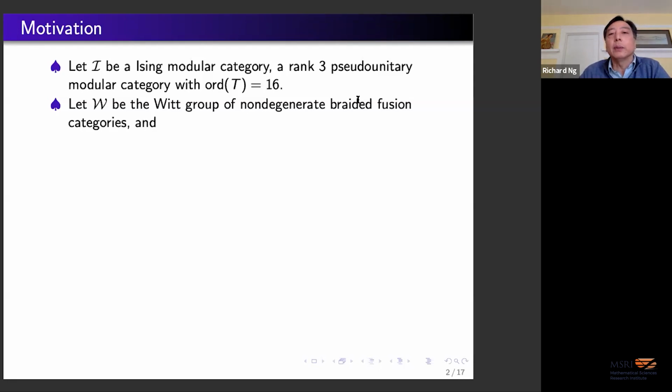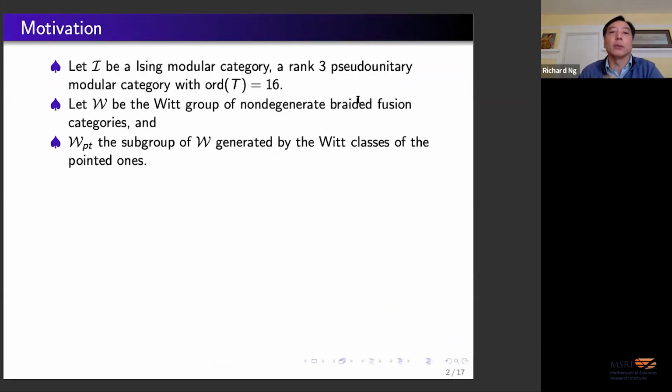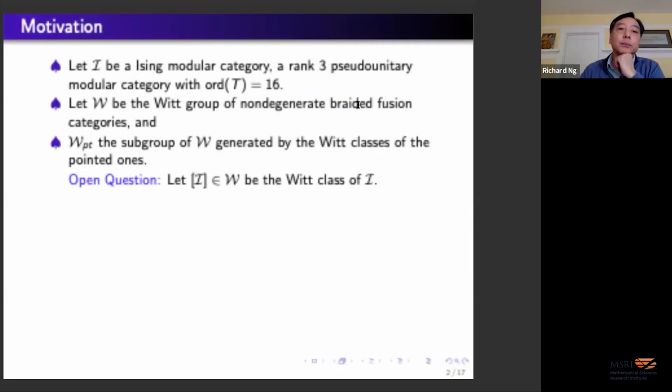The Witt group W of non-degenerate braided fusion categories, and W pointed is the subgroup generated by the Witt classes of pointed ones.